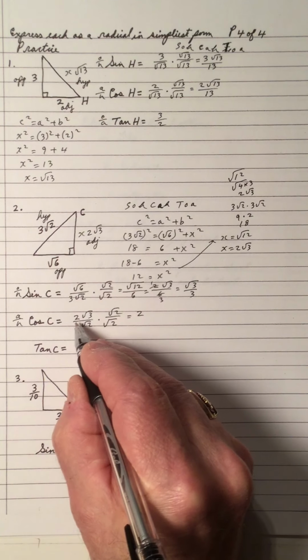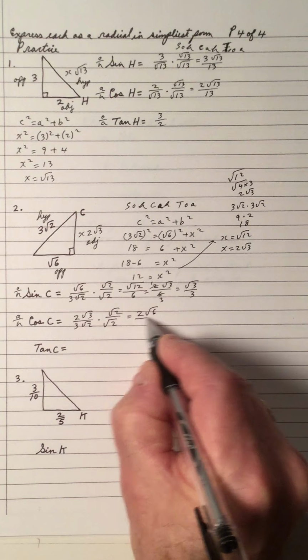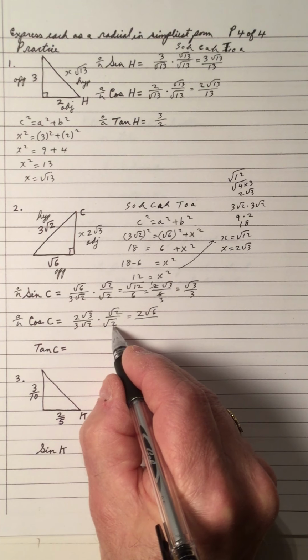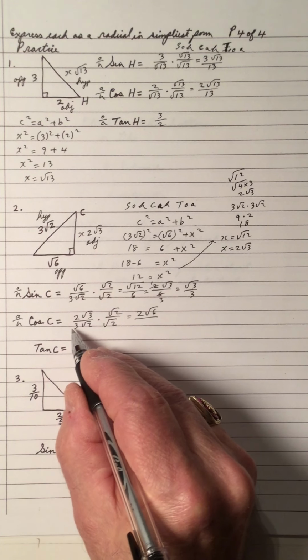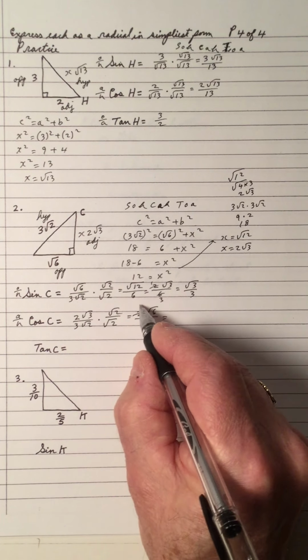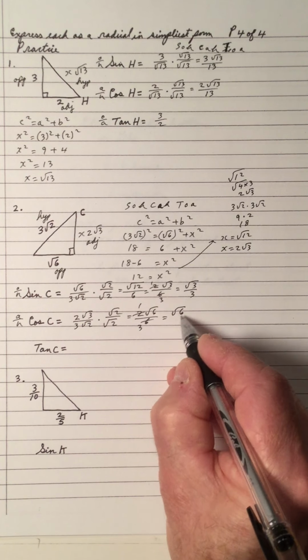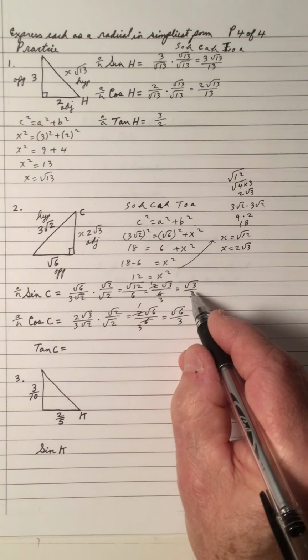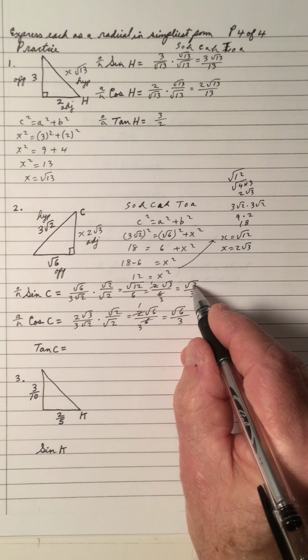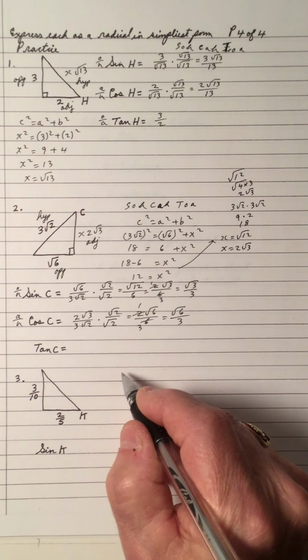That gives us 2 times 1 is 2, root 3 times root 2 is root 6, root 2 times root 2 is 2, 3 times 2 is 6, and that reduces: 2 and the 2 goes once, 2 and the 6 goes 3, root 6 over 3. Note you can't cancel, that's irrational, that's rational.